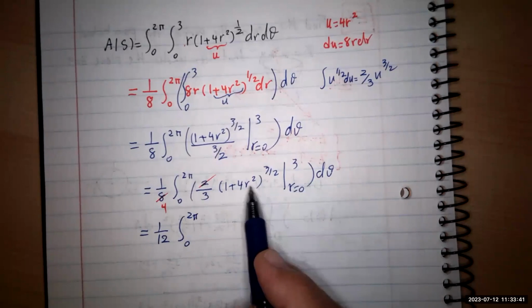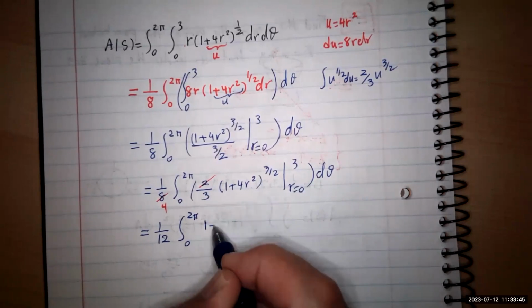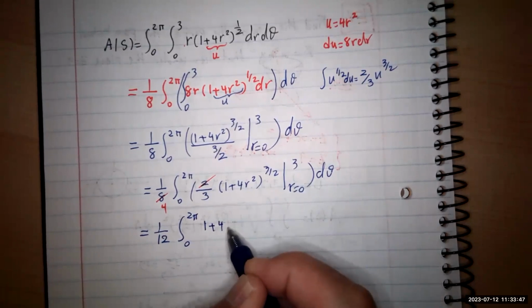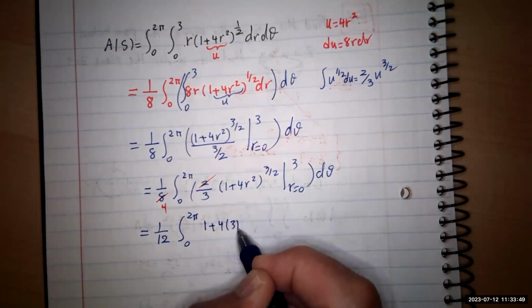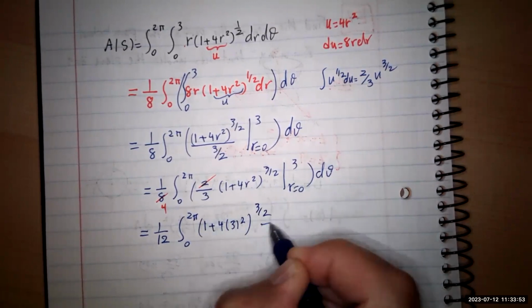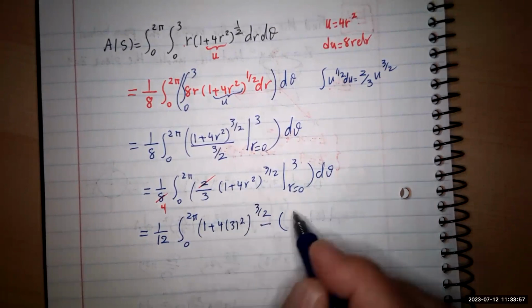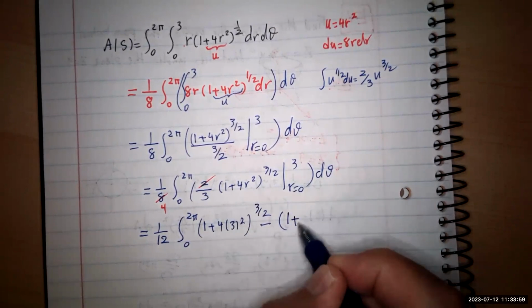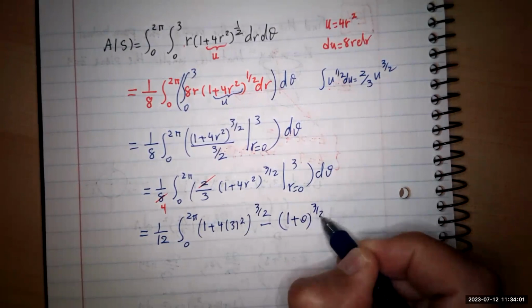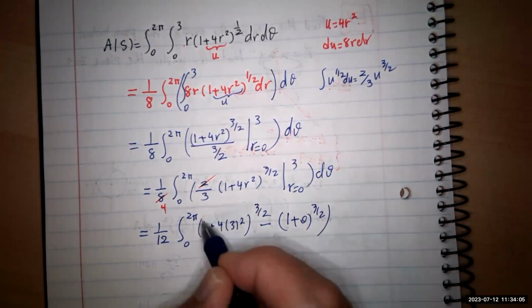Substitute r equal to 3 first. So it's going to be 1 plus 4 times 3 squared, everything to the 3/2, minus r equal to 0. R equal to 0 gives you just 1, 1 plus 0 if you like, to the 3/2. When we're done, we come back and do the d theta.